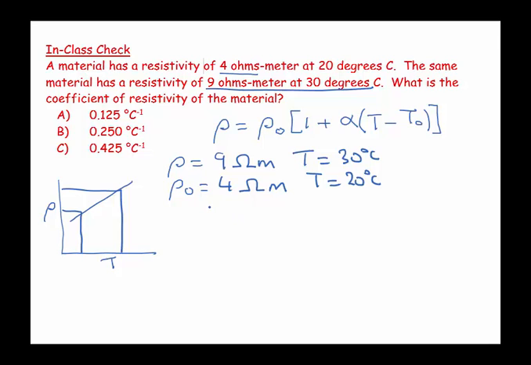So if I rearrange, alpha is equal to the resistivity minus the standard resistivity, taking that to the other side, divided by the standard resistivity times the temperature minus the standard temperature. That resistivity there multiplies throughout and then is put underneath.